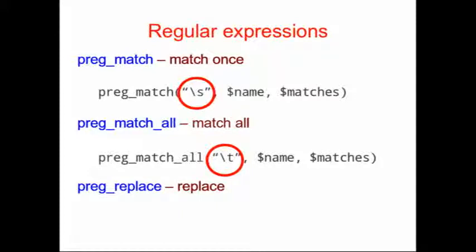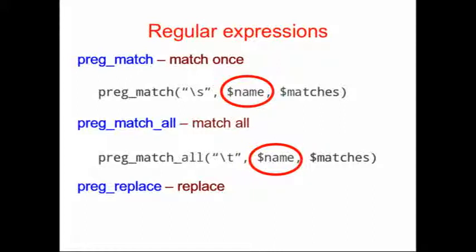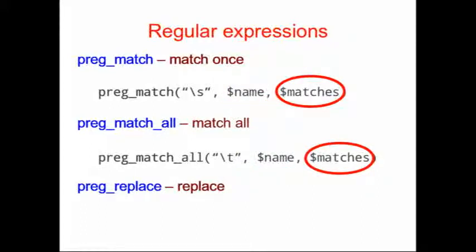The first one is the regular expression to match. In the top case that matches whitespace, and in the bottom case it matches a tab. The second one is the variable that you want to match to, and the third parameter is a variable that you want to put the matches in.